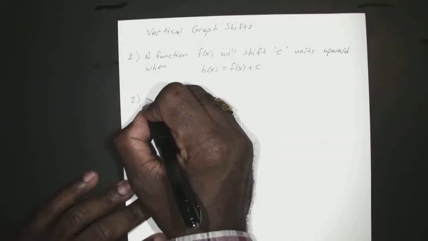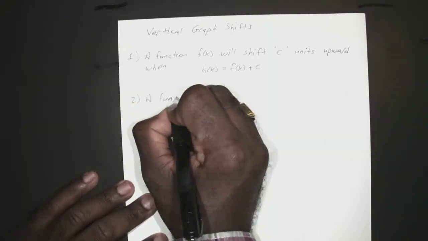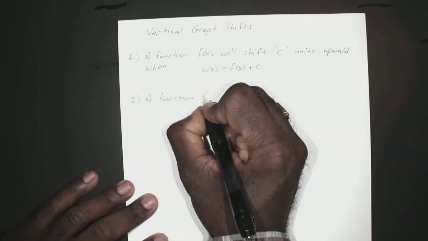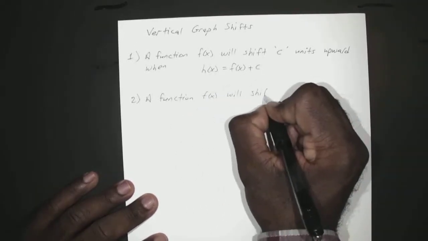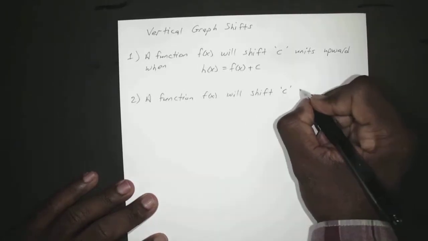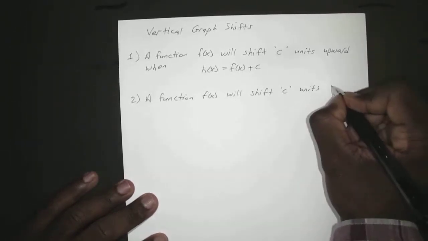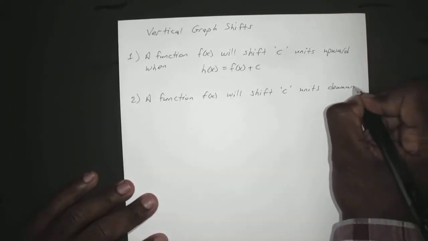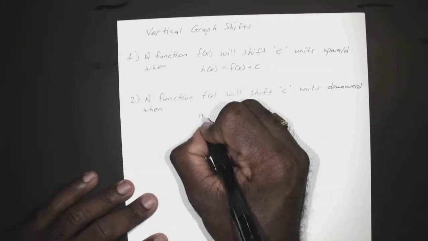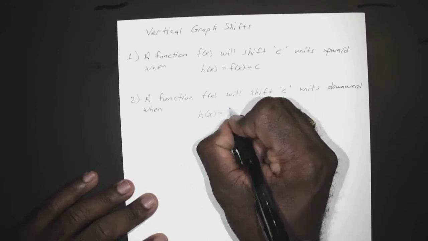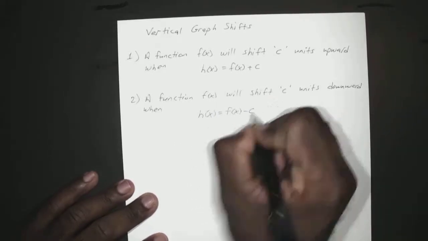Now that same function will shift c units down when it's written as h of x equals f of x minus c.